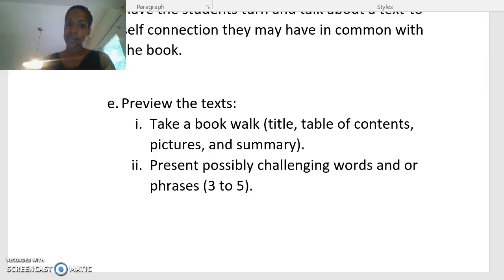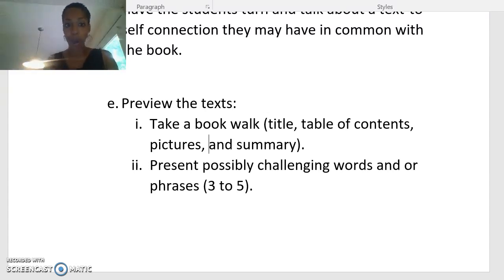Let's say that this is a higher level group, a higher level reading text. There aren't pictures in this text. In that instance, talk about the title, talk about maybe the one picture that's on the cover, talk about the title page, go over the table of contents, make some predictions about what the book is going to be about based on the table of contents, or what do you think is happening in this chapter with this name or this title.